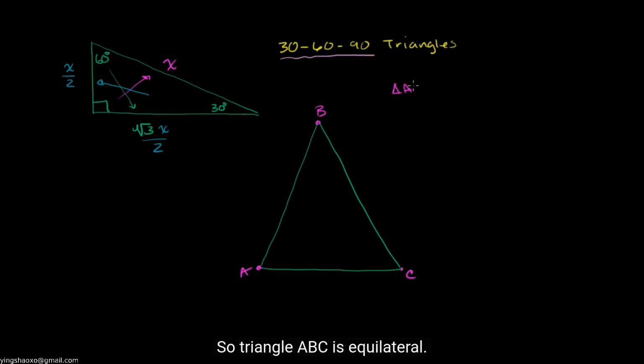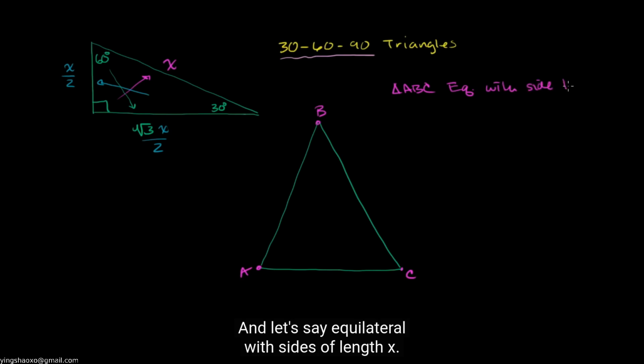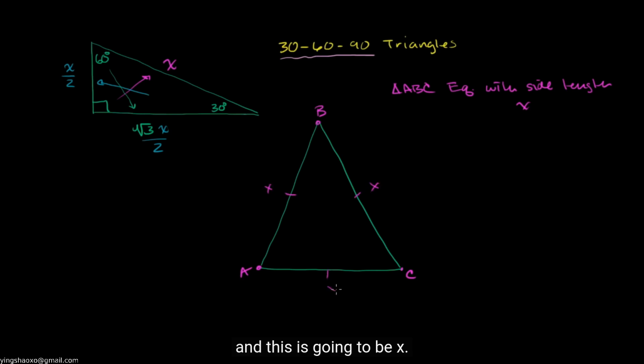So triangle ABC is equilateral. And if it's equilateral, that means all of its sides are equal. Let's say it has sides of length x. So this is going to be x, this is going to be x, and this is going to be x.